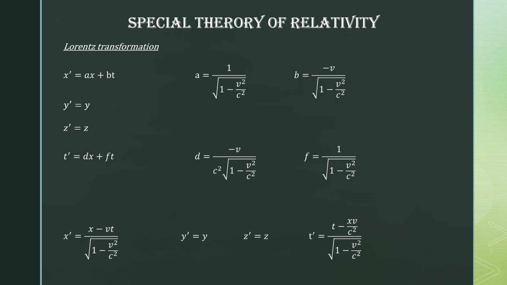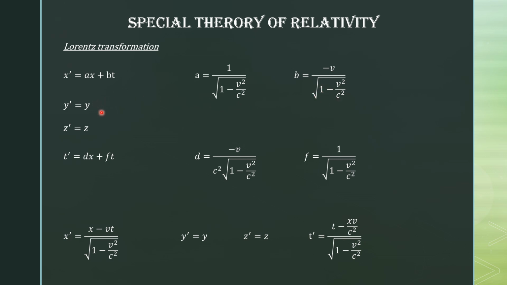So let's begin with formulas like the Lorentz transformation. We can write x' = ax + bt, where a is 1 by root over of 1 minus v square by c square, and b is equal to minus v by root over of 1 minus v square by c square.